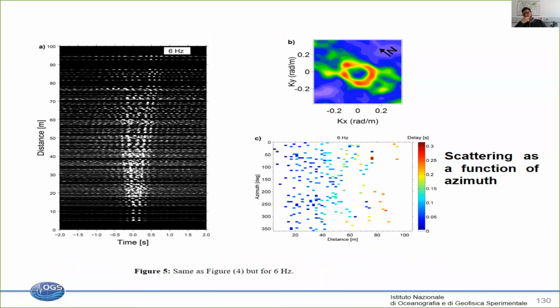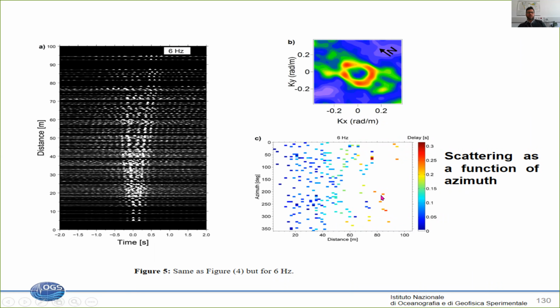If I repeat the same with 6 Hertz, you can immediately see that first it is much more symmetric. And this is also what the FK spectrum is telling me: look, I have energy coming mainly from every direction. But when I do the same with the scattering, I see that the distribution is not so homogeneous anymore.